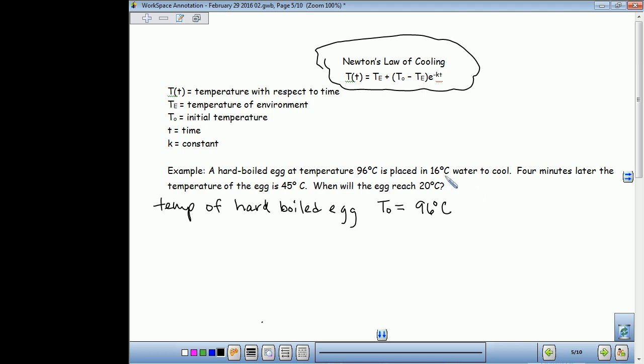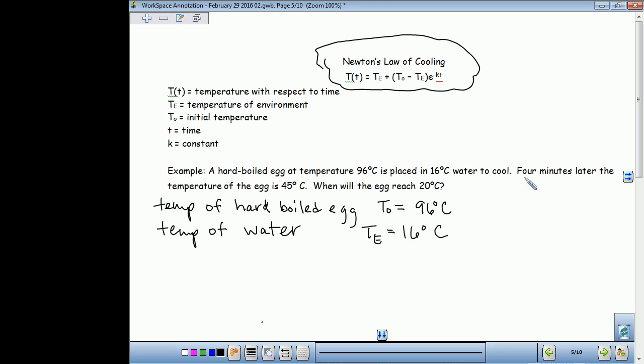Okay, we also have the temperature of the water. Environment. So, in our case, that water is its environment. We're placing the egg into a 16 degree environment.